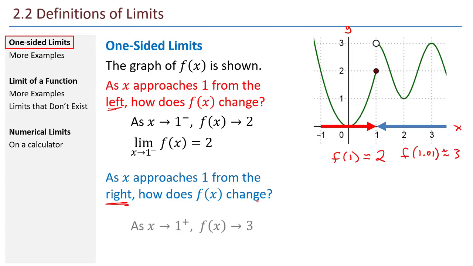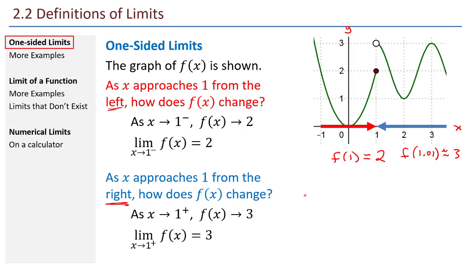So it looks like as x approaches 1 from the right, superscript plus, the values of f of x, the y values, approach 3. And we write this as the limit as x approaches 1 from the right of f of x equals 3.